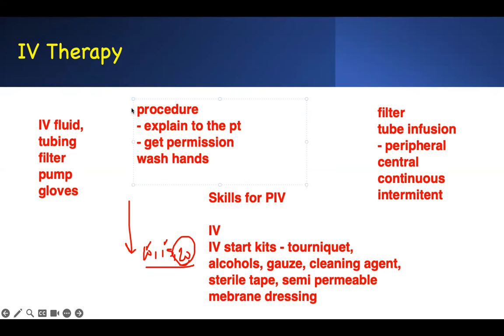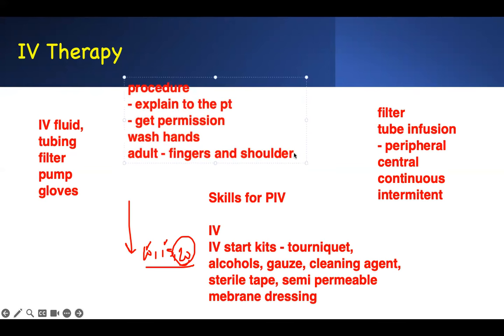Then you identify the vein you want to use. You want to identify an appropriate vein. For adults, the vein you're going to use is between the fingers and the shoulder. If you have to do it in the leg, that's fine, but this is the common place we do for adults.